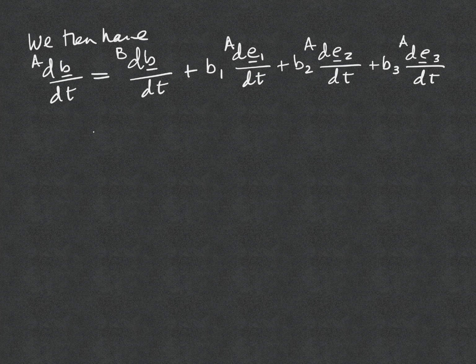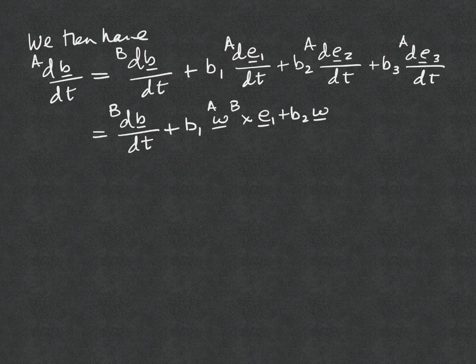But if I substitute in now, I get the following results. I get dB/dt in B plus B1. Well, what is dE1/dt in A? It's omega BA crossed with E1. And what's dE2/dt in A? Well, that's omega BA crossed with E2. And then the last term is plus B3 omega BA crossed with E3. And so now this can be simplified further.